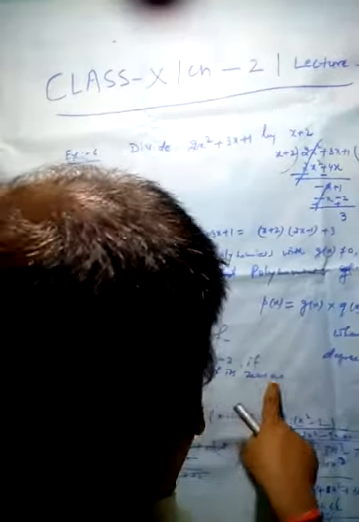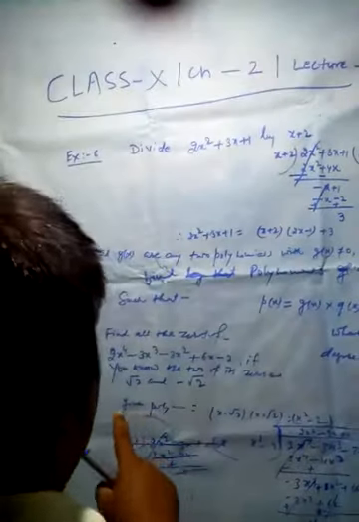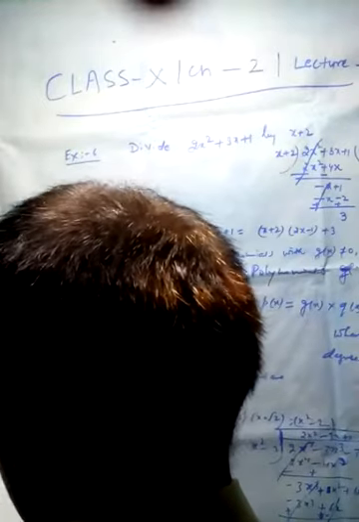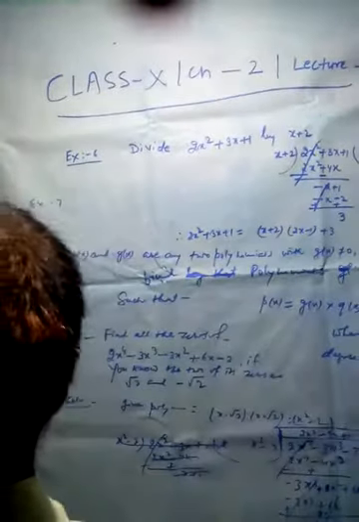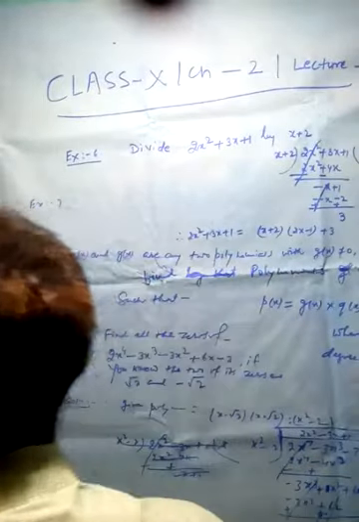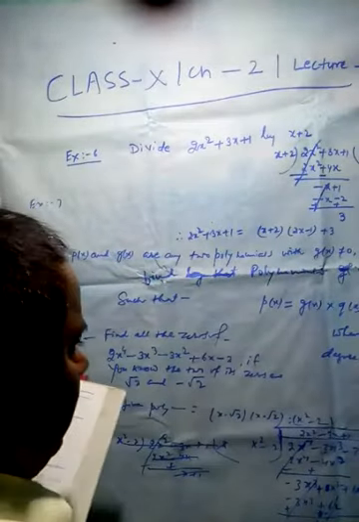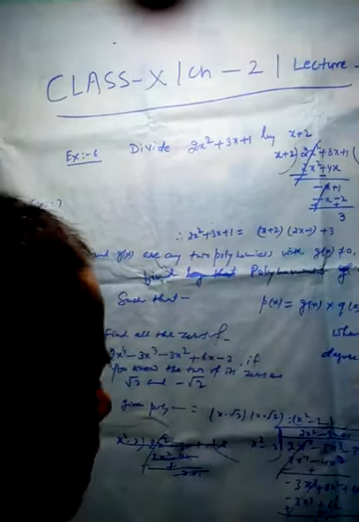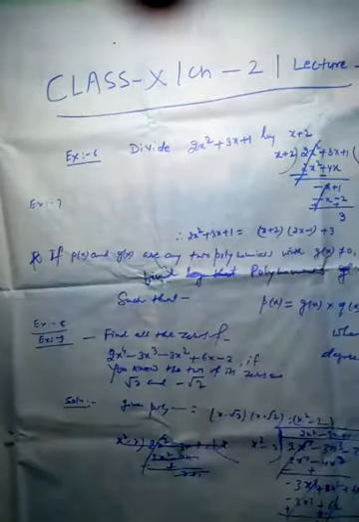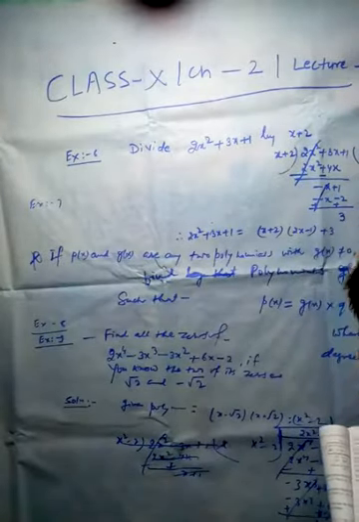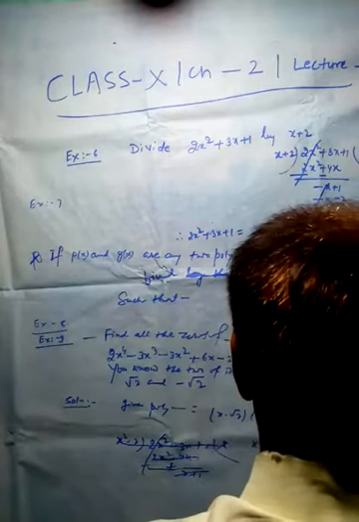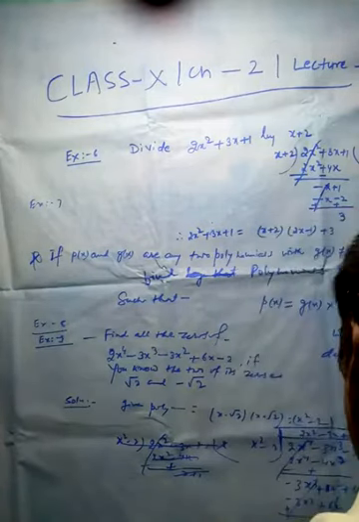You know that its roots are given, so you can get the polynomial by the formula (x − α)(x − β). Here α is equal to √2 and β is equal to −√2. That means (x − √2) and (x + √2), both the product becomes x² − 2.